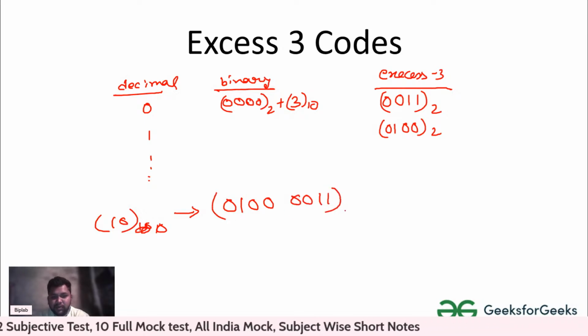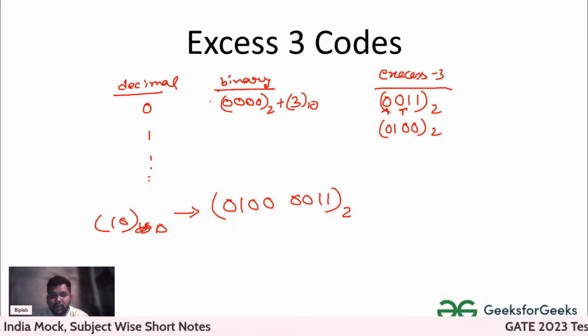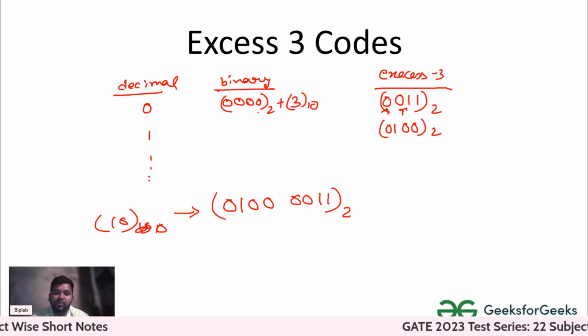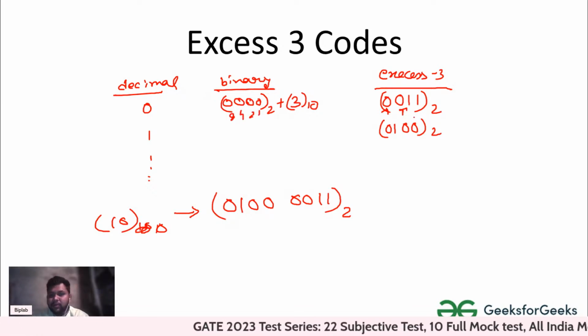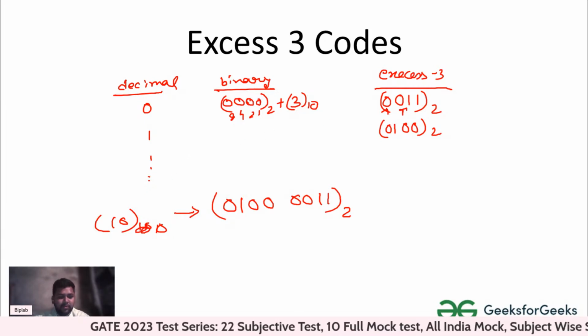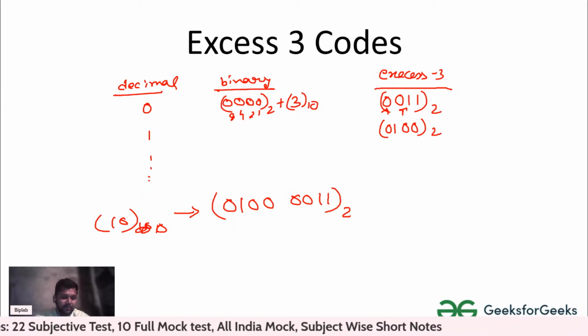This is excess 3. Now here you can see each digit doesn't have any weight. In BCD you had weights like 1, 2, 4, 8, but here you don't have any weight. That's why it comes under non-weighted codes.